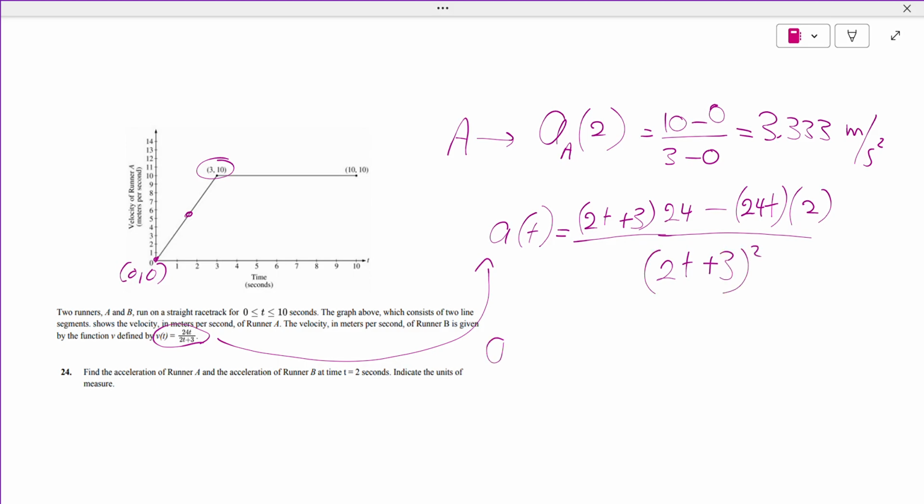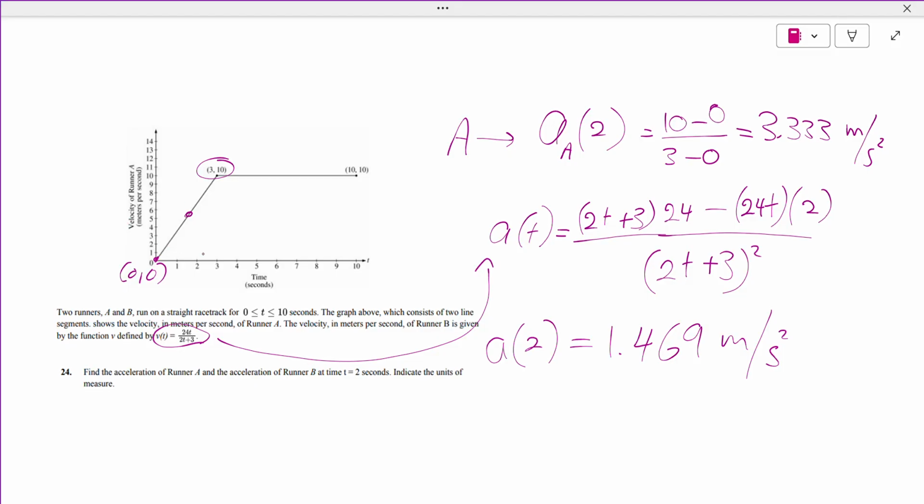And then plug in the value, which is 2. You must get 1.469 meters per second squared.